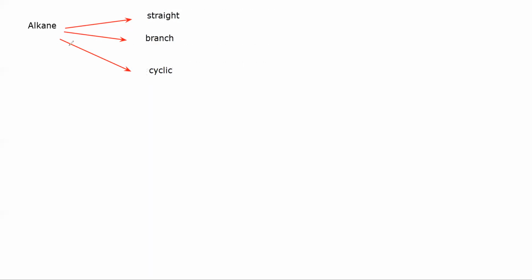How do you identify that the compound is an alkane? Throughout the chain, there is a carbon-carbon single bond. It means that's alkane.